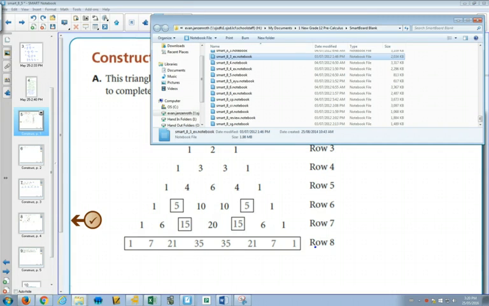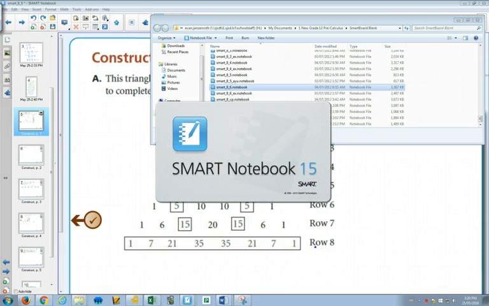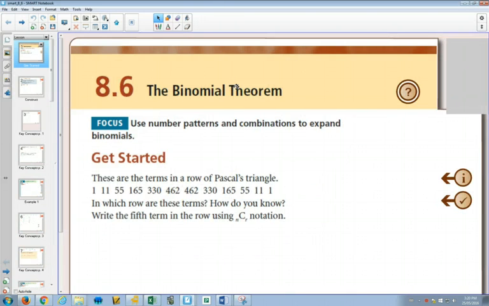Right now we can go to 8.6, and start up with this warm-up. There's a line in Pascal's triangle.